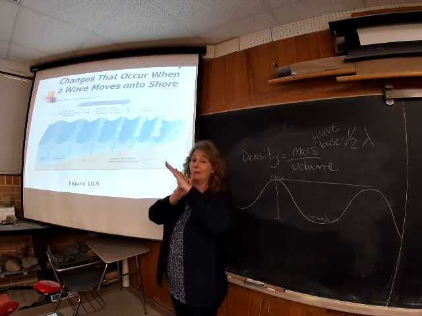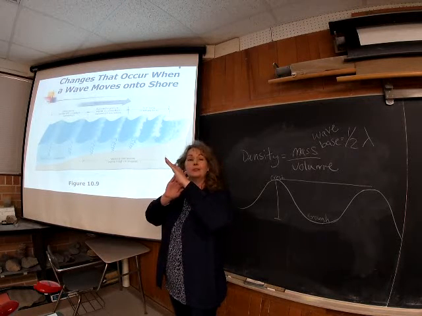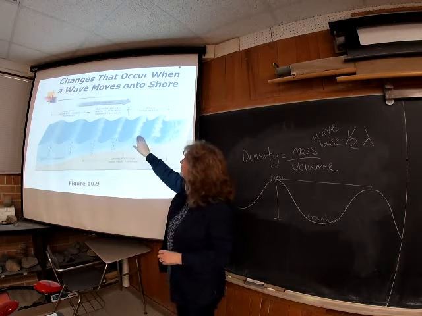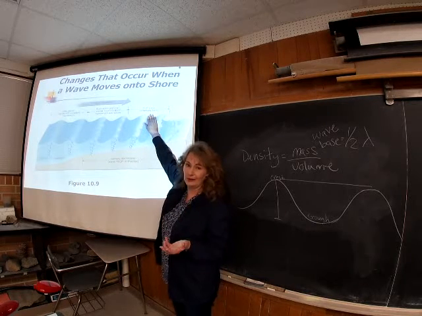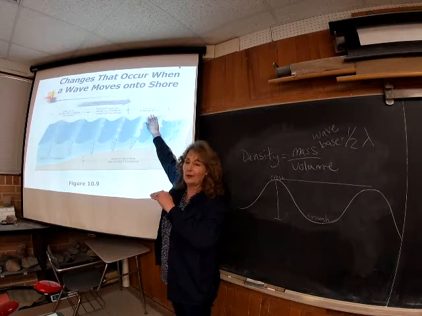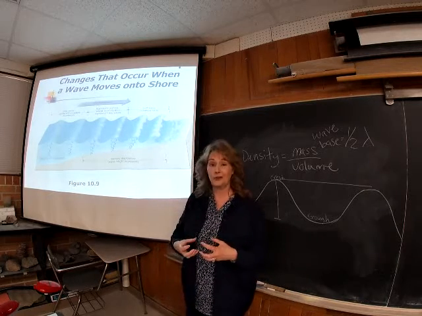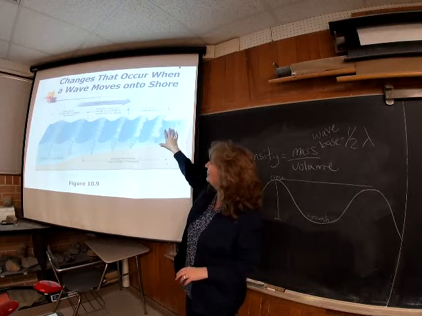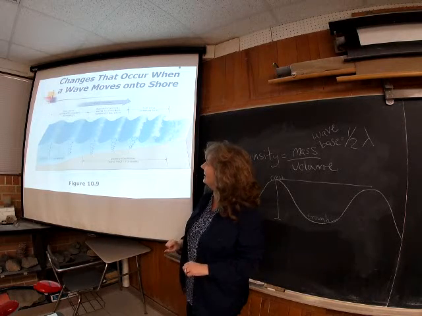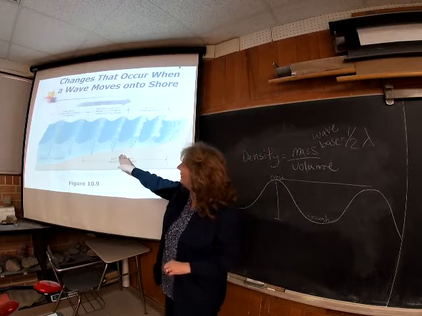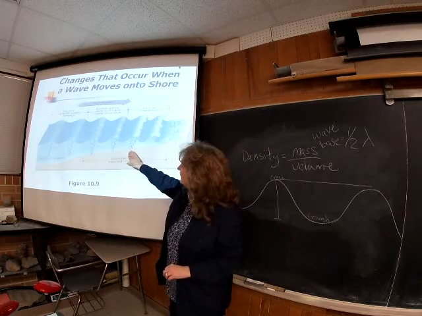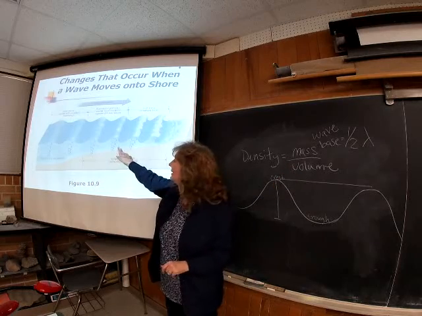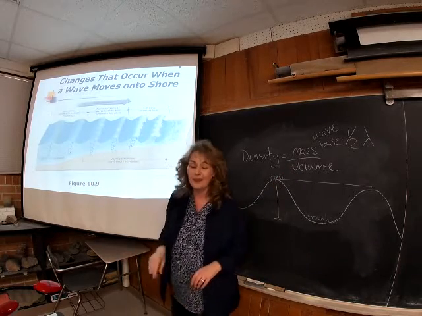That angle of repose, remember that, becomes too steep and it crashes forward. It falls forward. We call that a breaker. It breaks forward, in the surf zone, where the waves have finally crashed forward and are breaking. So that wave depth, of course, wave base, again, is half the wavelength.